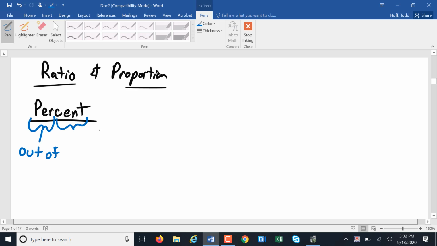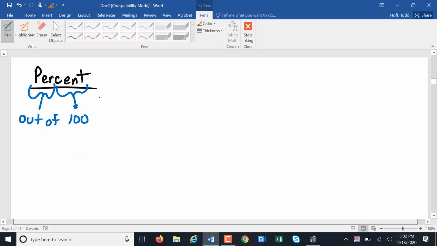And cent, if you think of years in a century, cents in a dollar, it means 100. So percent literally means out of 100. So if I have 36%, that literally means the ratio 36 out of 100.